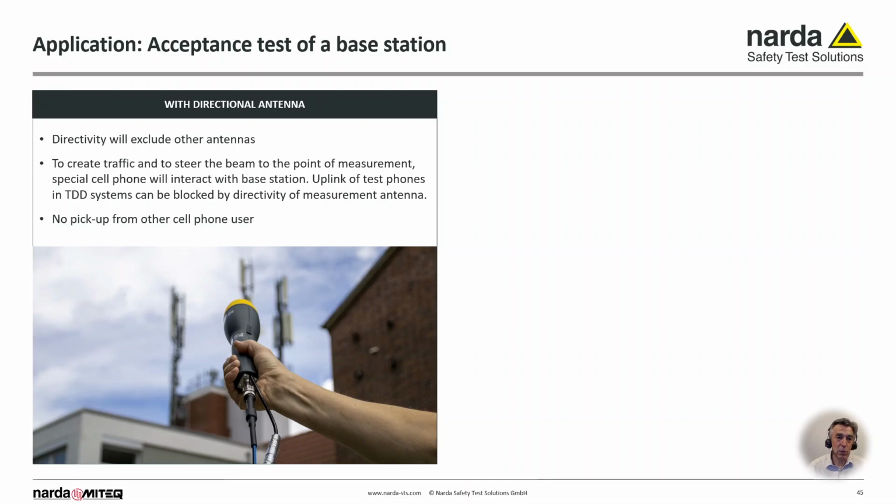Then the directional horn antenna is, I believe, the better approach, because you can point directly to the antenna and all propagation from other antennas of the same operators maybe also are excluded by the sensitivity of the antenna, because it's only measuring in one direction, full stop.